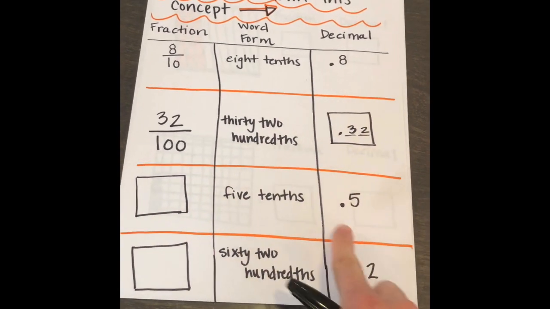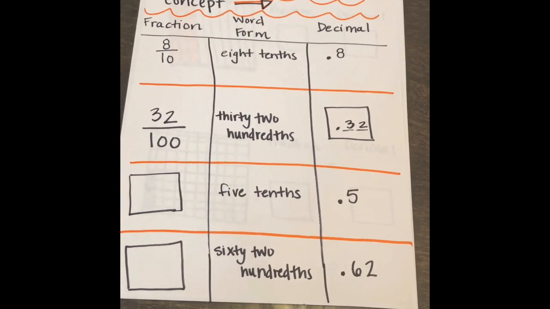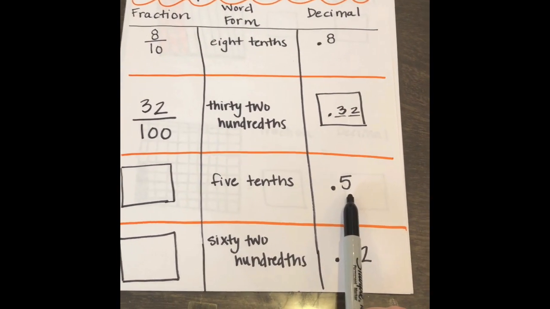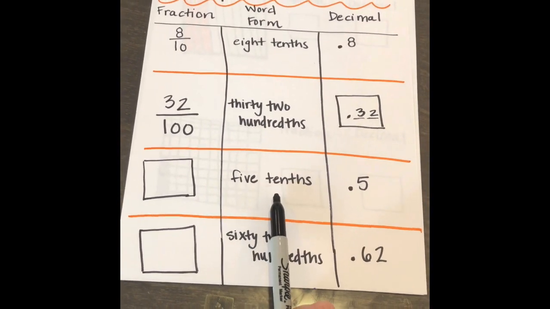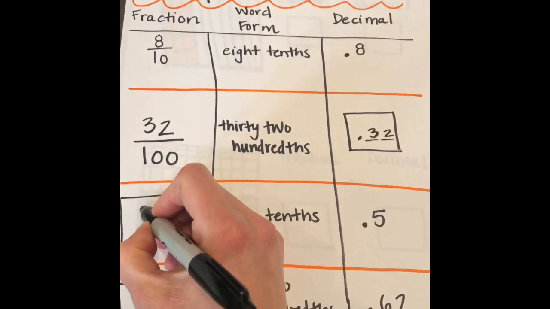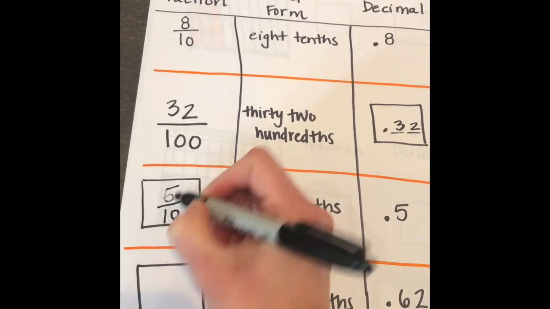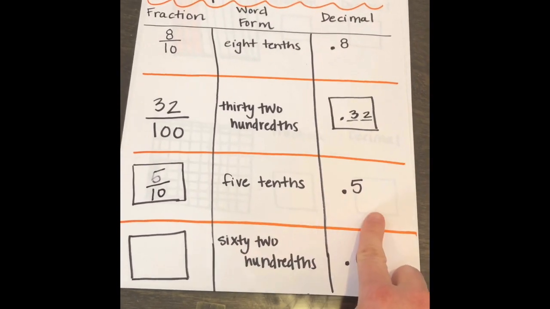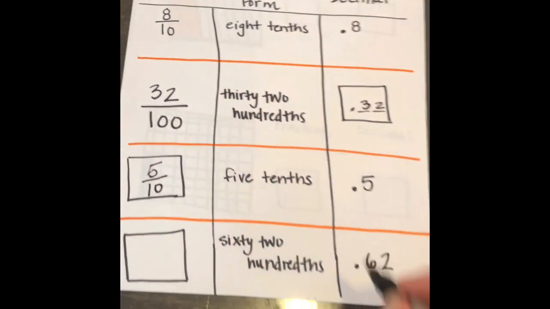Now, we're going to work backwards, solving back towards making a fraction. We read this decimal as 5 tenths. Word form, 5 tenths. It almost helps you write the fraction when you say it out loud. 5 tenths. Okay.